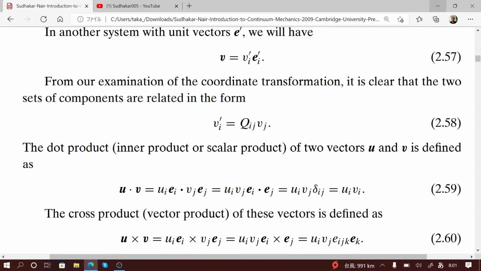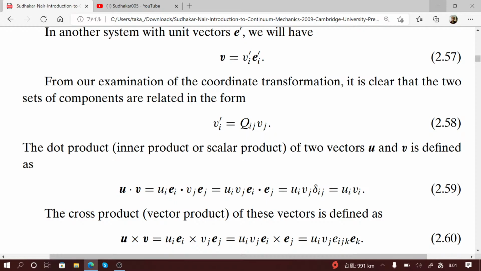The dot product, inner product or scalar product of two vectors u and v is defined as u dot v equals u_i e_i dot v_j e_j equals u_i v_j e_i dot e_j equals u_i v_j delta_ij equals u_i v_i.